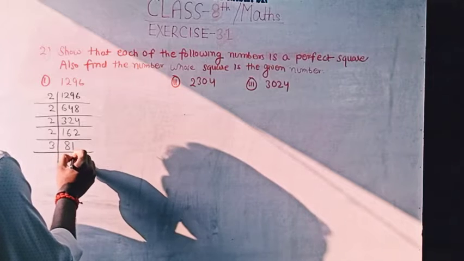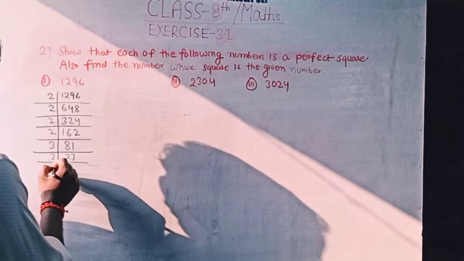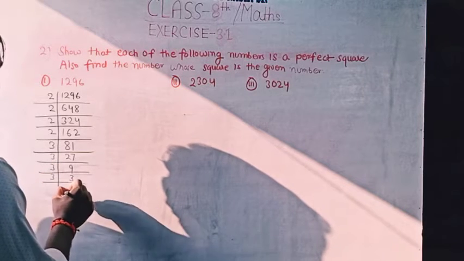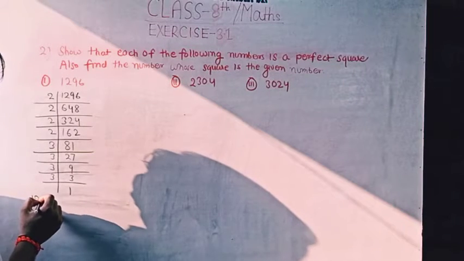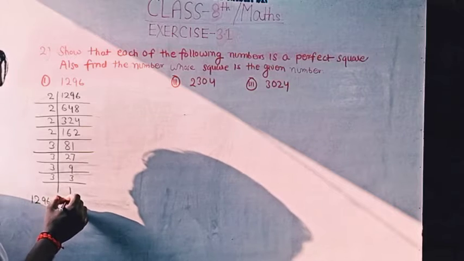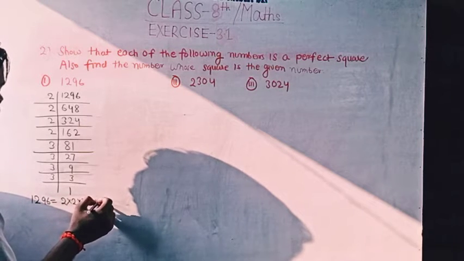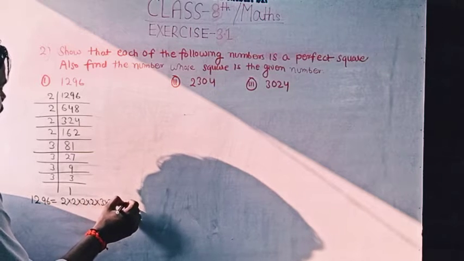This is 27 and 9, 3, 1. Okay, so here 1296 is expressed as the product of 2 into 2 into 2 into 2 and 3 into 3 into 3 into 3.